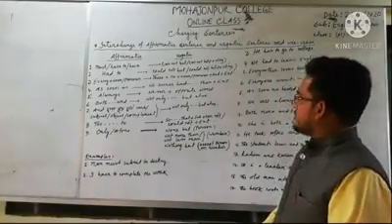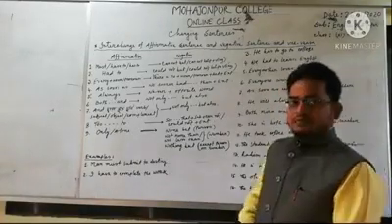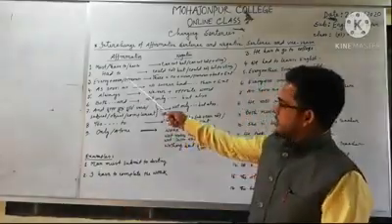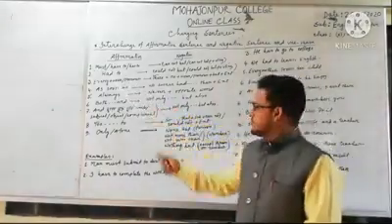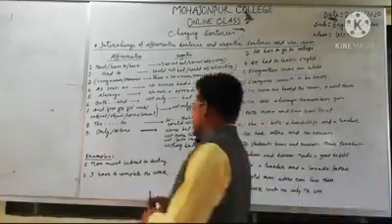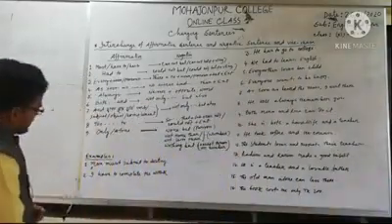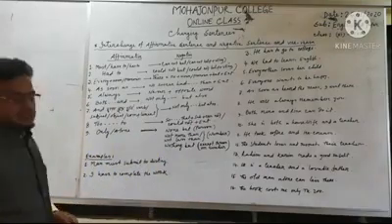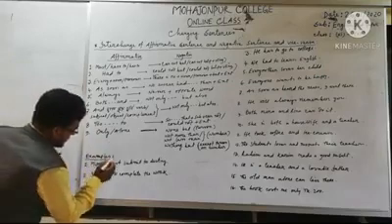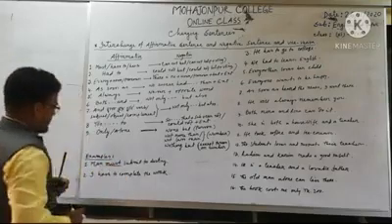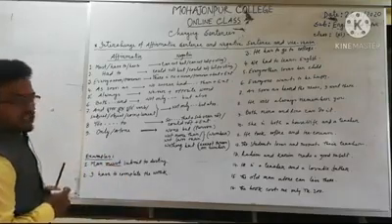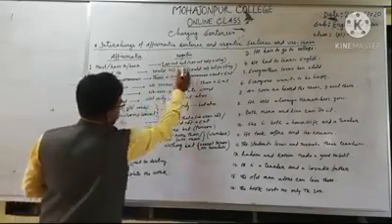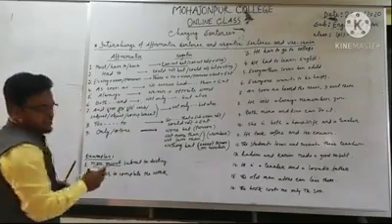Now students, let's see example number 1 for the rules of number 1. Here, man must submit to destiny. Man must submit to destiny. Here, there is must in this sentence, and so we can use cannot but in place of must to make it negative.